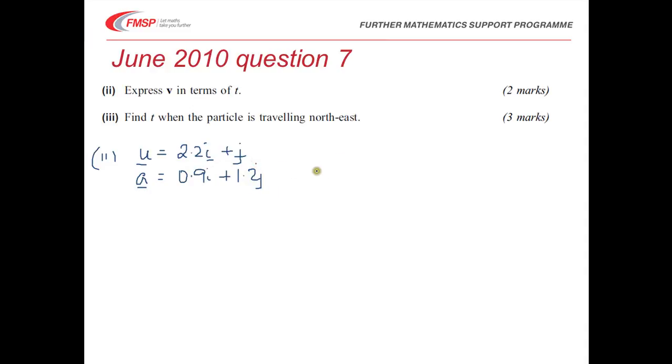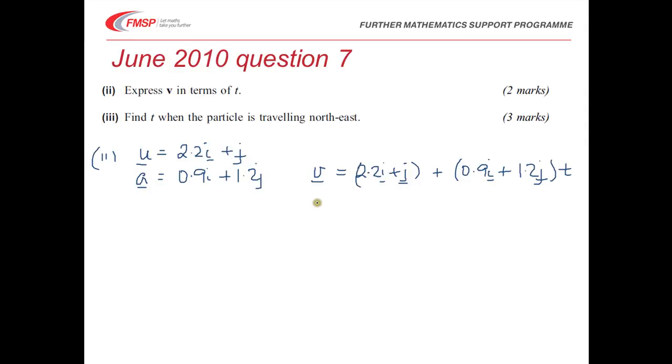So the velocity vector v after t seconds, using v equals u plus at, will be 2.2i plus j, that's u, plus at, 0.9i plus 1.2j times t. So we're just expressing it in terms of t.